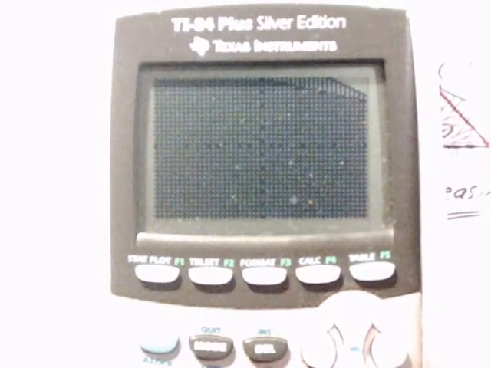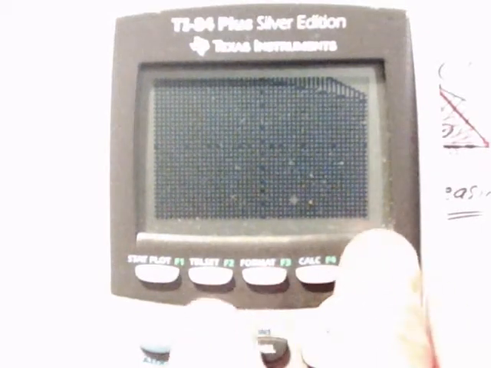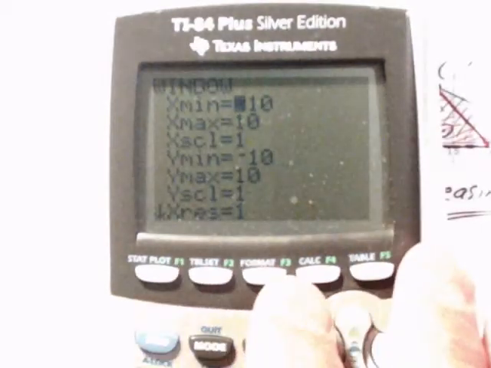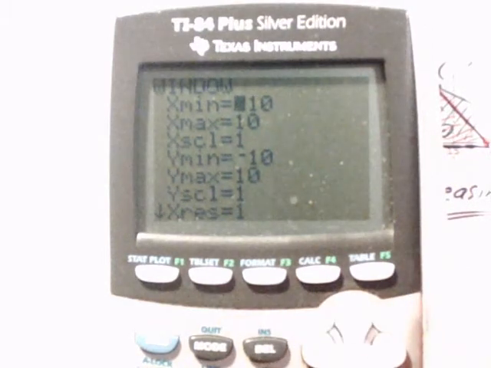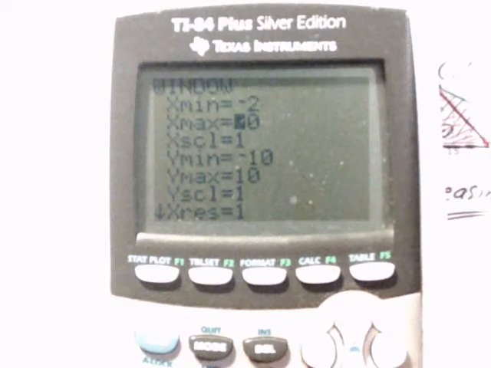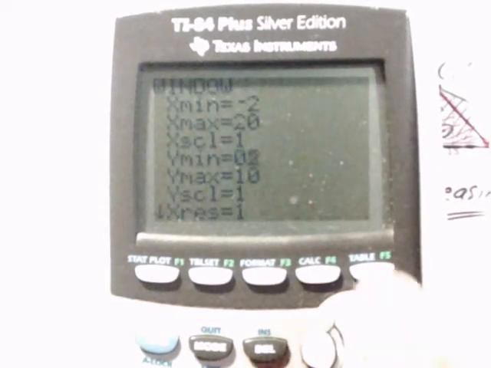Well, the problem is that the window is not big enough, so let's say from minus 20 to 20.